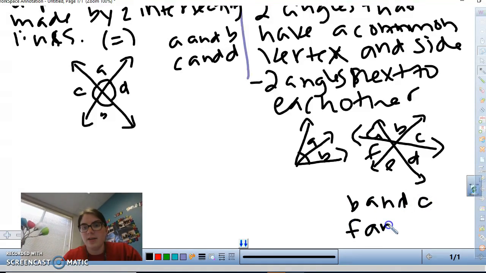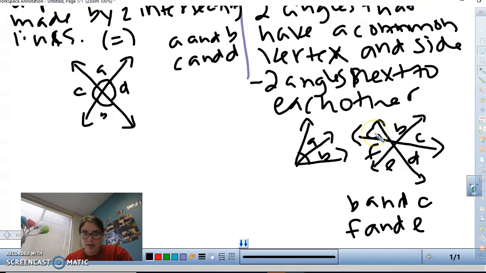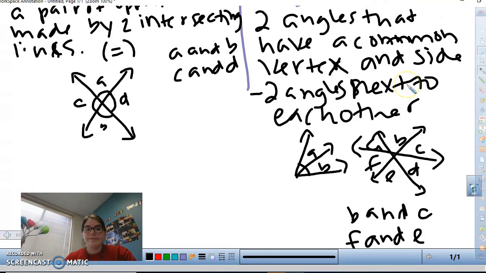Angle F and E would be adjacent. There's a bunch of them here. You could say A and B, B and C, C and D, D and E, E and F, F and A. All of those are adjacent because they're next to each other. If you notice, they all share a vertex and a common side. If I was talking about E and F, they both share this side right here.